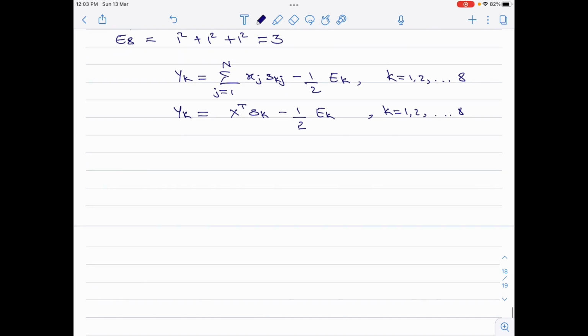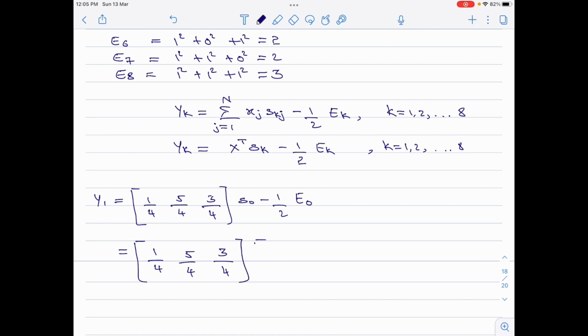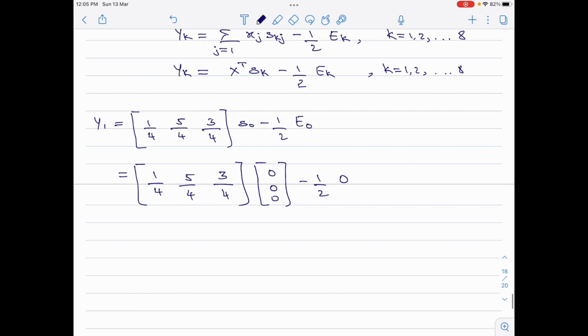So, let us start with k equals 1. y1 is equal to x transpose, which is 1 by 4, 5 by 4 and 3 by 4, multiplied by S0 minus 1 by 2 into E0. So, this is equal to 1 by 4, 5 by 4, 3 by 4 multiplied by S0, the column vector 0, 0, 0, minus 1 by 2 into E0, which is 0. Therefore, the answer for Y1 is 0.